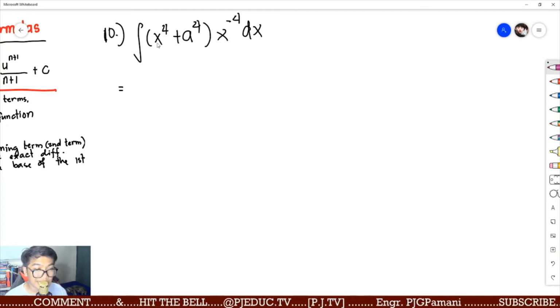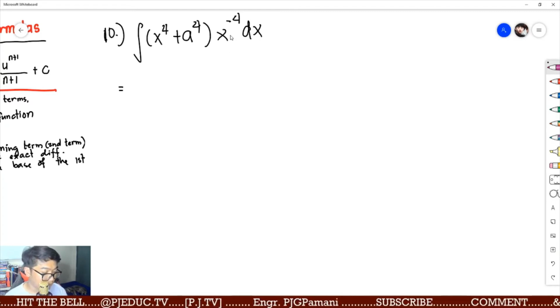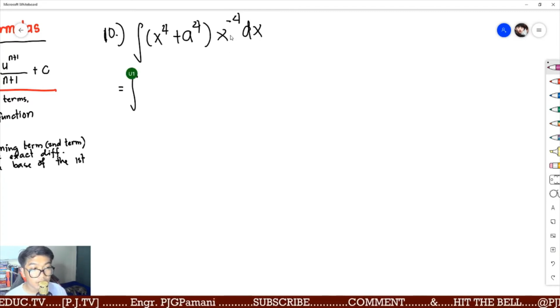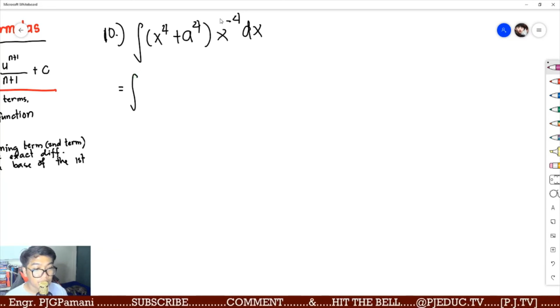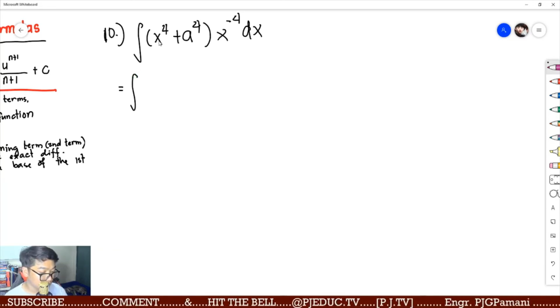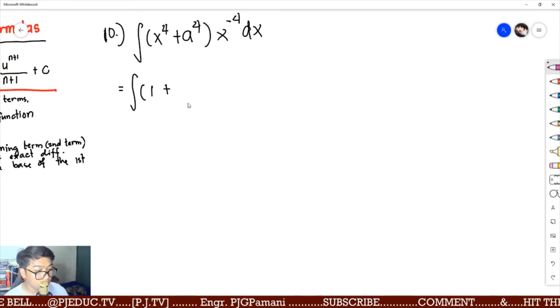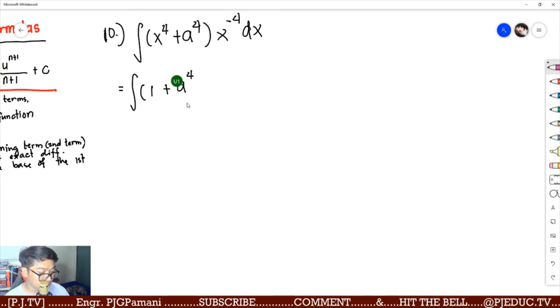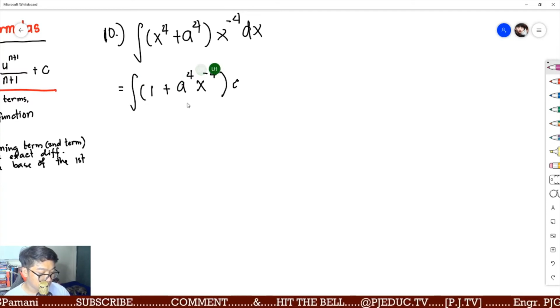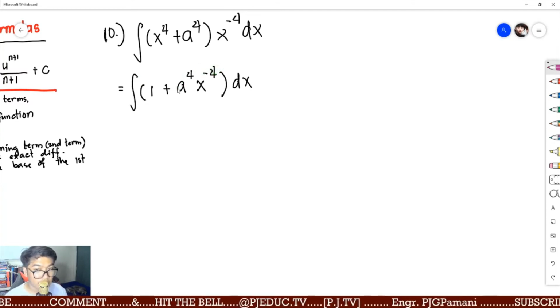So with that said, x raised to the 4 times x raised to negative 4, anong gagawin natin sa exponent? Add. So 4 plus negative 4 is simply equal to 0. X raised to 0 or simply 1. Plus a raised to the 4 times x raised to negative 4. Ang differentiated variable is x. Therefore, a raised to the 4 is our constant.